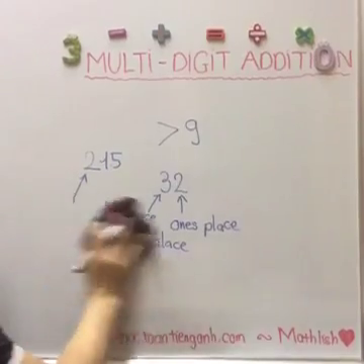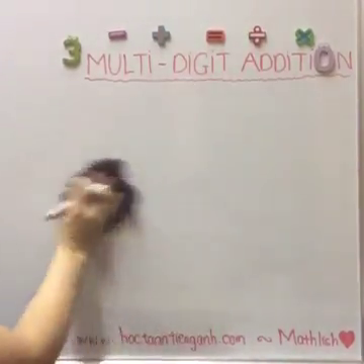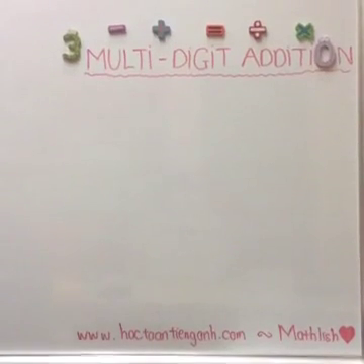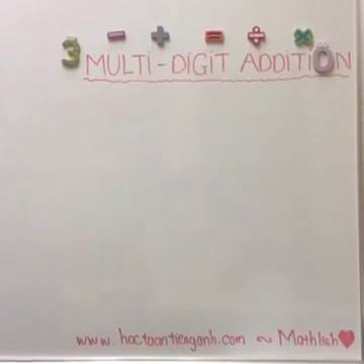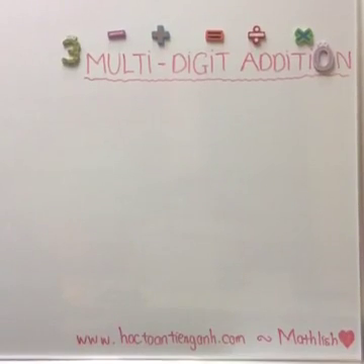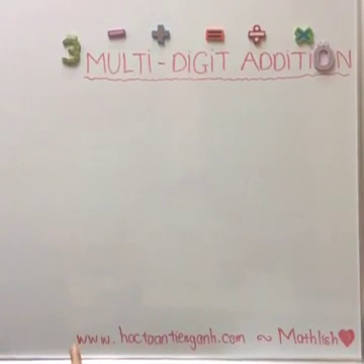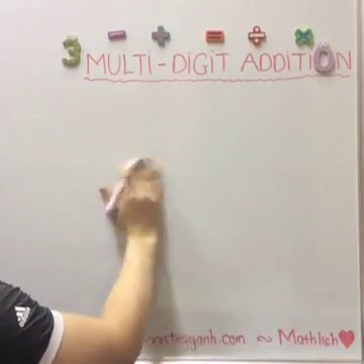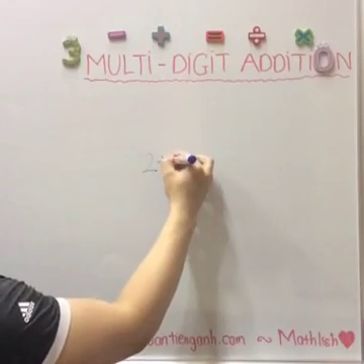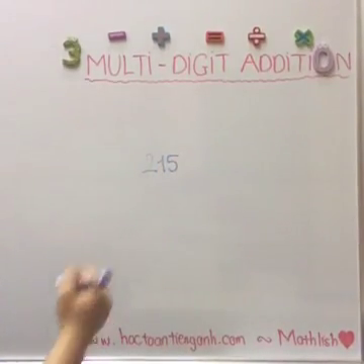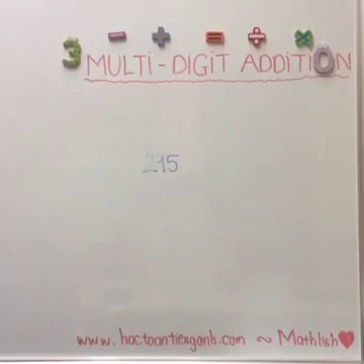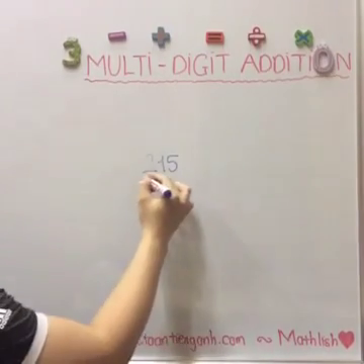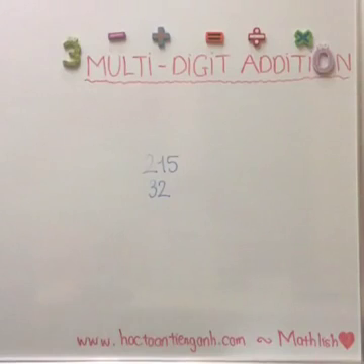Here's how it works. The first thing we need to do is stack the numbers up. By that, I mean rewriting them so they're on top of each other like this. 215 and 32.